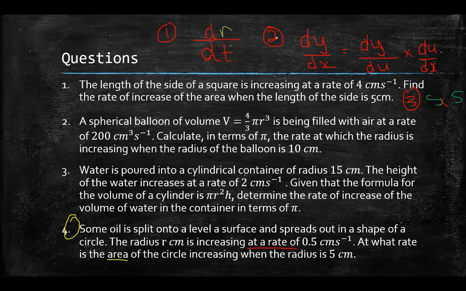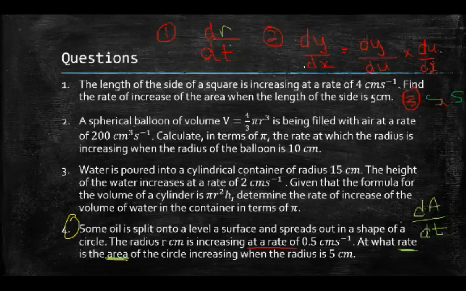Second step, you are manipulating the chain rule to find what they want. What do they want? At what rate is the area of the circle increasing? Rate means it's on dt, and the quantity they're investigating is area. So that would be dA/dt. That is what we are trying to find.